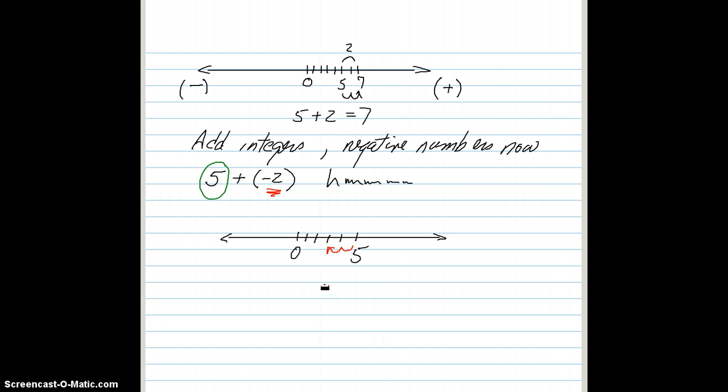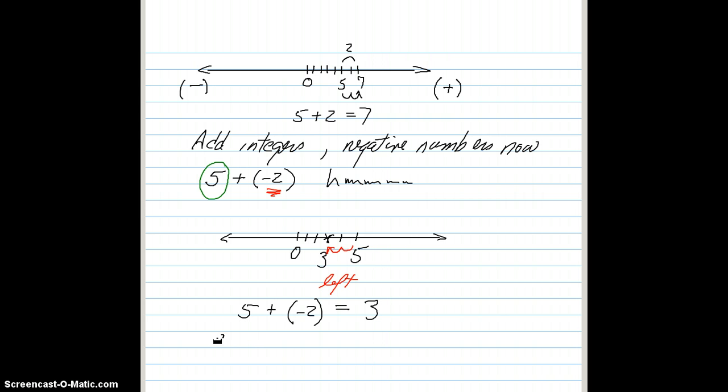We go to the left. So we end up at 3. So 5 plus a negative 2 is equal to 3.